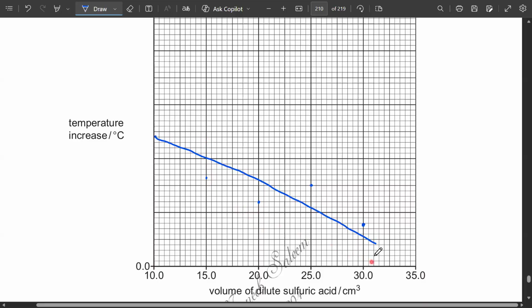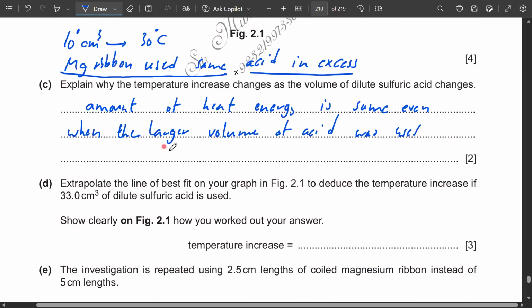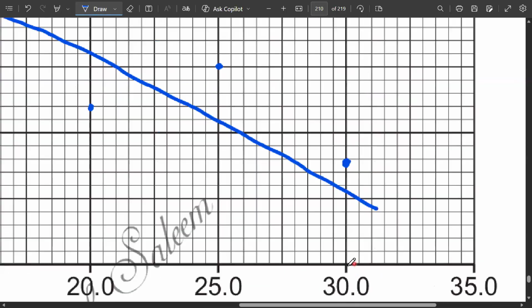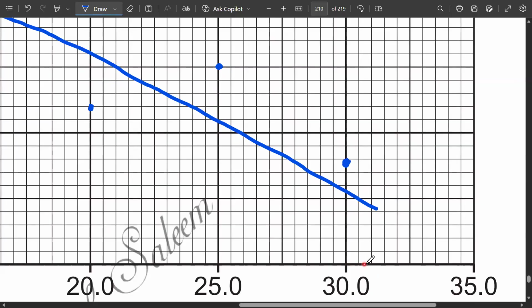Okay, now we are supposed to extend the line to deduce the temperature increase if 33 cm³ of sulfuric acid is used. Over here, this is 30, 31, 32, and 33. So I have to extend the line till just a little more than 33.